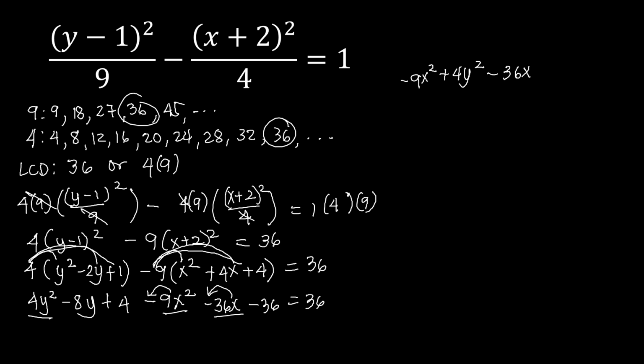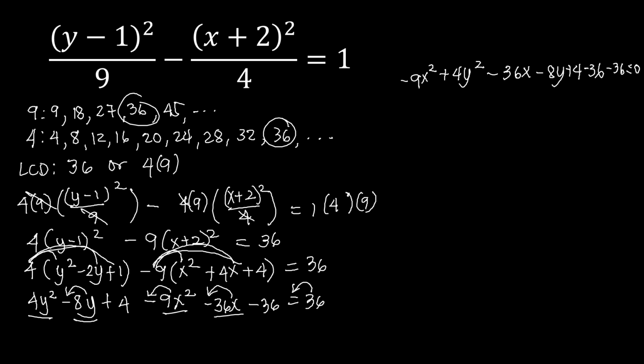And then followed by y, so we have this, and we copy the sign before that one. And then followed by the numbers. So we have to collect that one first so that we can combine it. And then we move also 36 to the other side. So this will become a minus 36 here. That will be equal to 0.